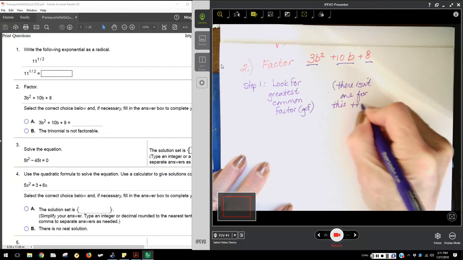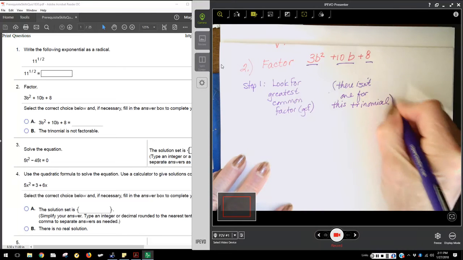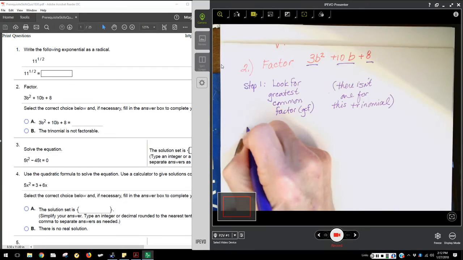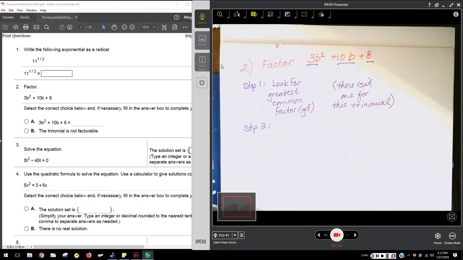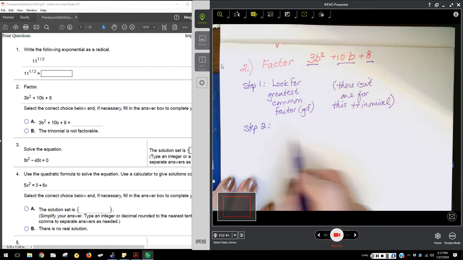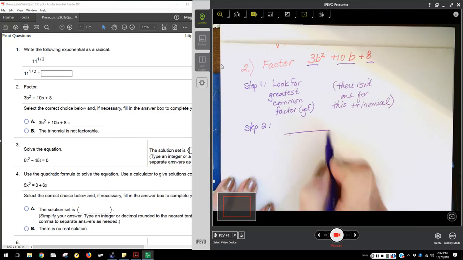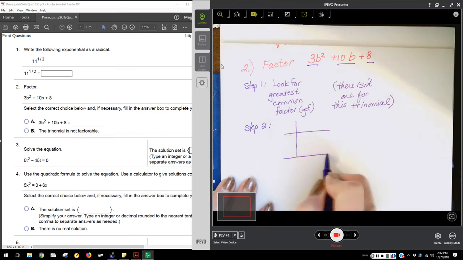This is a trinomial, meaning it has 3 terms. But we always look for that. Then step 2 is, okay, I didn't have one. There's no GCF. So for step 2, what we're going to do is we're going to create a little grid that is, in actuality, a multiplication table.